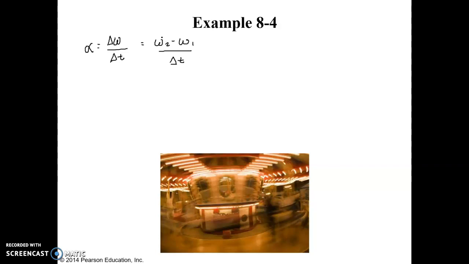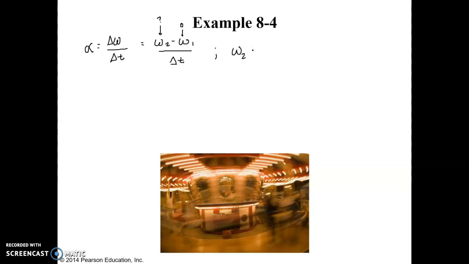And we want to know the angular velocity. And we know that we are going to start at 0. It starts at rest. This is an unknown. The time is given to us, and the acceleration is given to us. So we can solve this equation for omega 2, the final angular velocity.